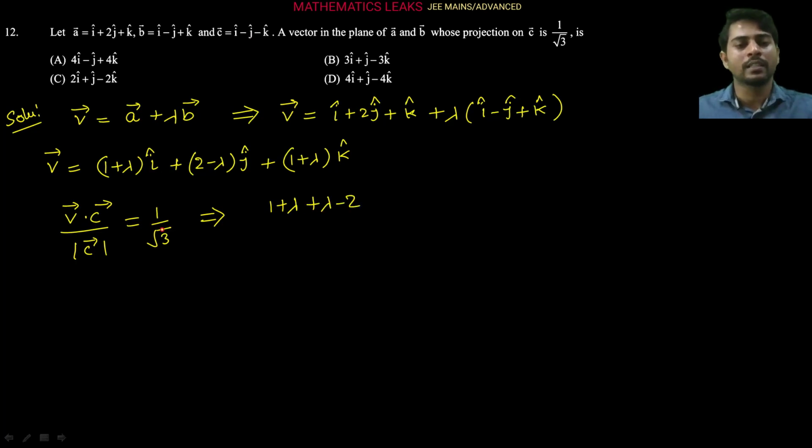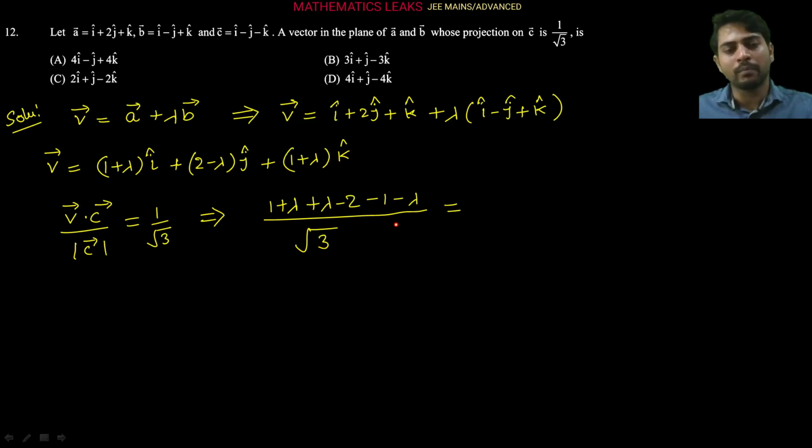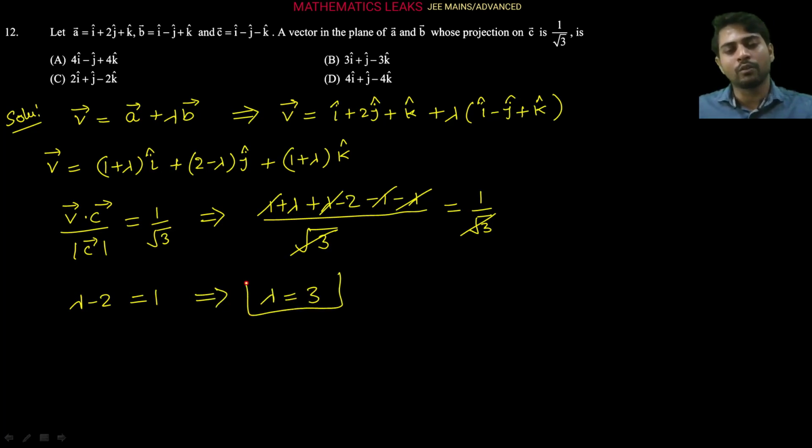Similarly the k coefficient 1 plus lambda into minus 1 gives minus 1 minus lambda, upon mod of C. Mod of C is the magnitude of C vector, root over I coefficient square plus j coefficient square plus k coefficient square, so that is root 3 only. That must equal 1 by root 3. So root 3 gets cancelled, minus 1 and plus 1 cancel, minus lambda and plus lambda also cancel, so we get lambda minus 2 equals 1. So lambda equals 3.